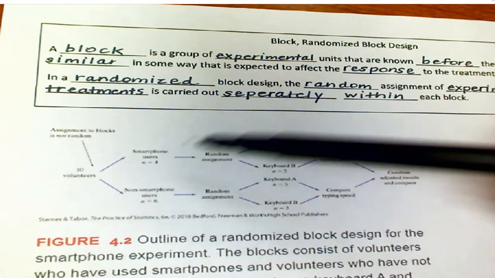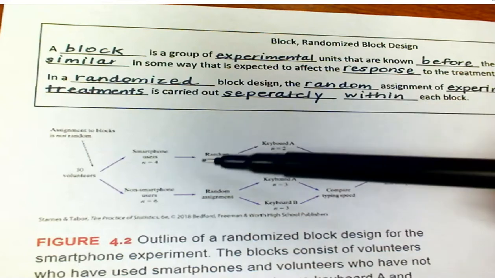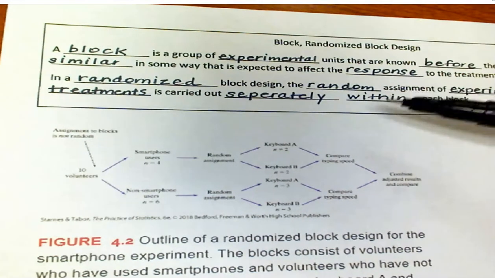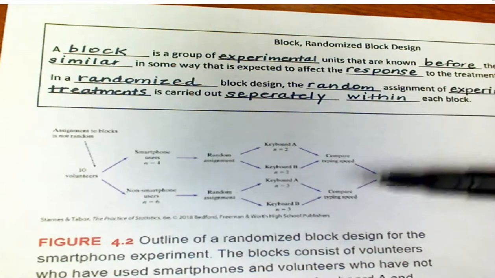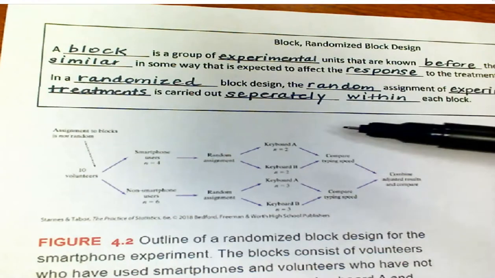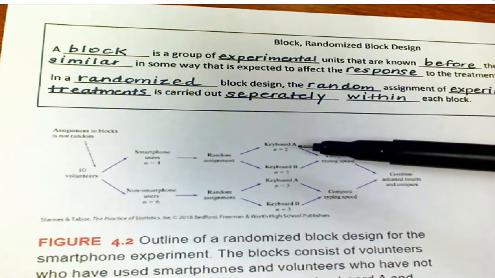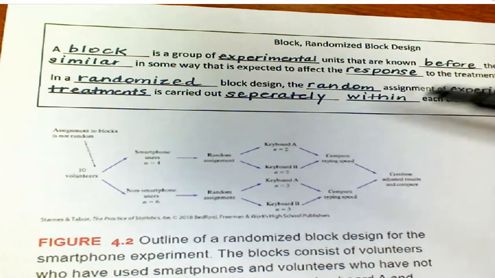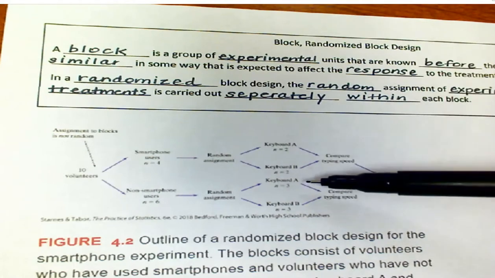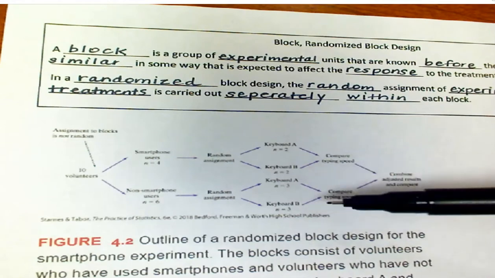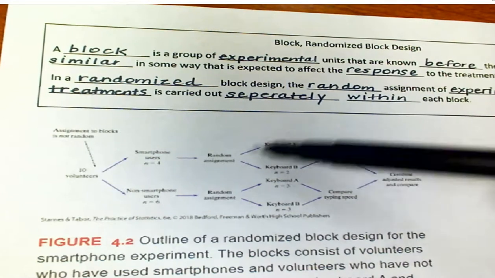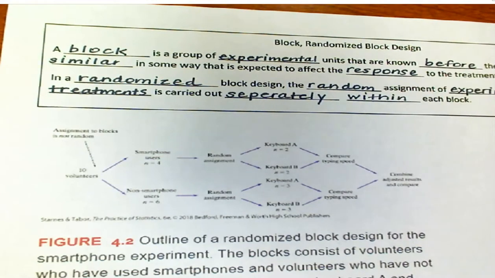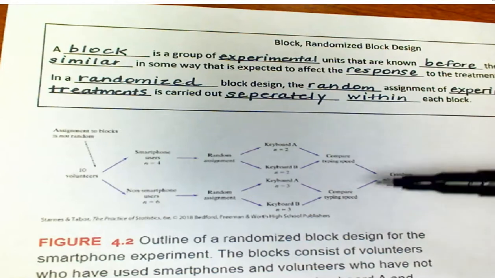That would be your blocking. Then within those groups, you do random assignment and then compare. The random assignment was, they just divided those in half and compared. This one used keyboard A, this one used keyboard B. It was 2 different keyboards they were trying to compare, to see which keyboard was better. That was the problem. Then you compare these 2, and then you compare those results.